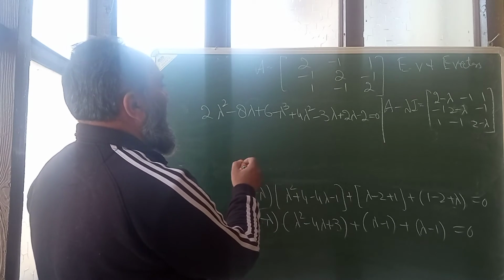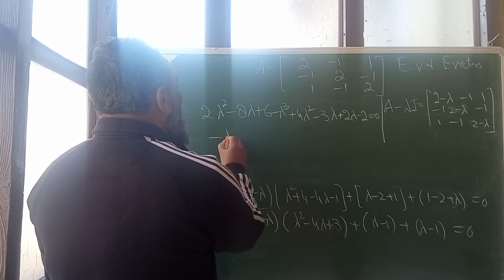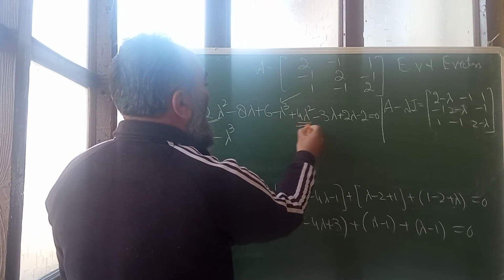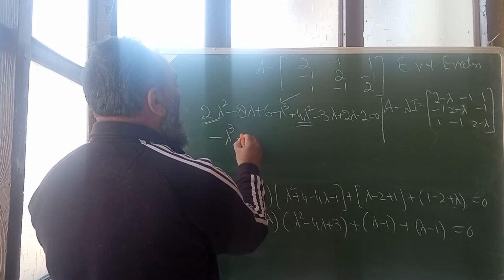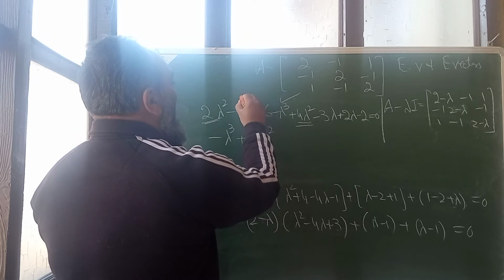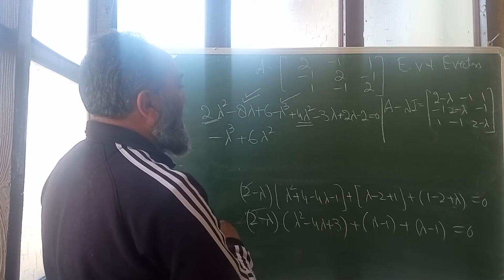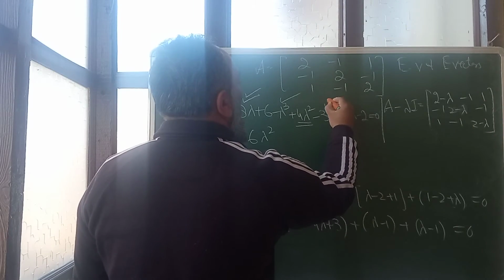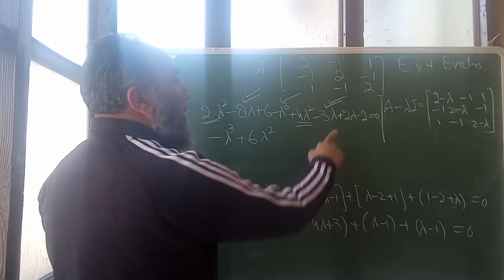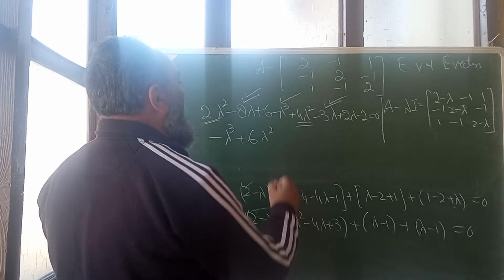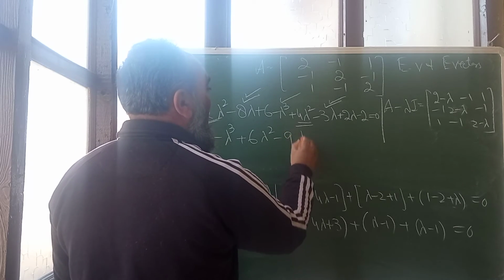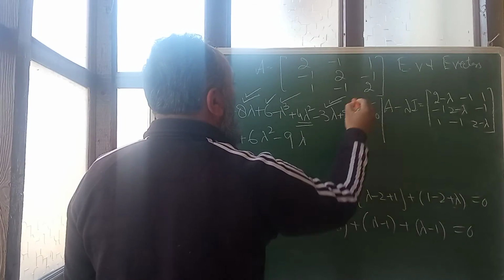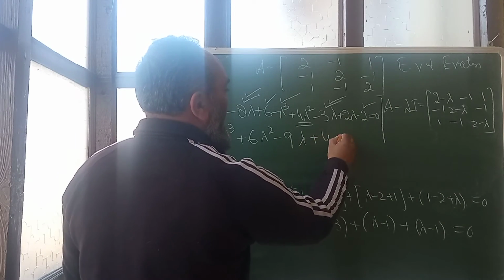So you have minus lambda cube, 2 lambda square plus 4 lambda square, it is 6 lambda square, minus 8 lambda minus 3 lambda, it is minus 11 lambda plus 2 lambda, so it is minus 9 lambda. Then 6 minus 2, it is plus 4.